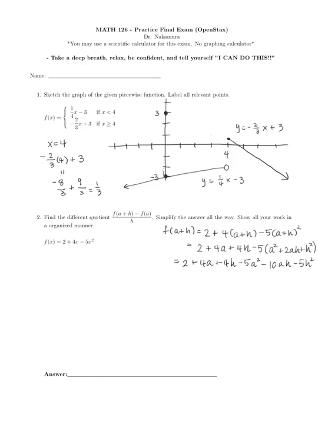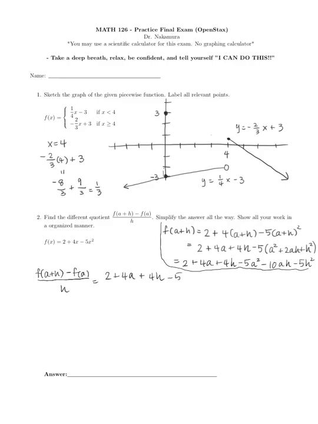All right, now let's put this all together then. So therefore, our f of a plus h minus f of a, whole thing divided by h. So it looks like this is going to become 2 plus 4a plus 4h. Oops, I'm just going to box it like this so you don't get confused with what I'm writing.